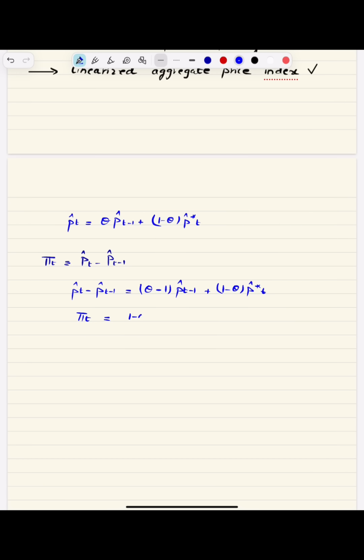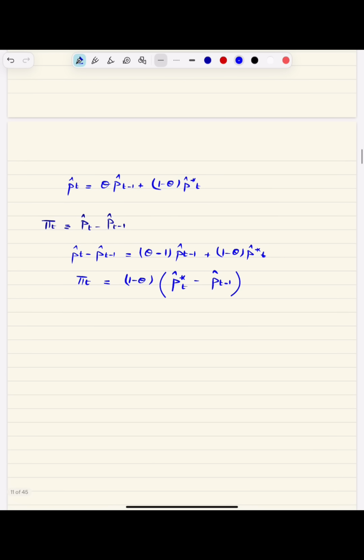Theta is usually less than 1, so I'm going to take 1 minus theta out as common, and therefore I'm going to get P star hat T minus P hat T minus 1. So this basically is the bridge between reset prices and inflation.